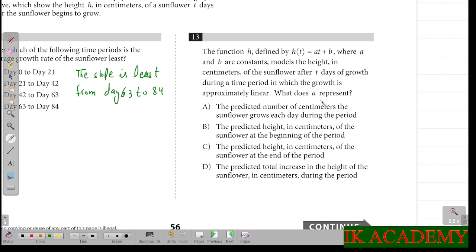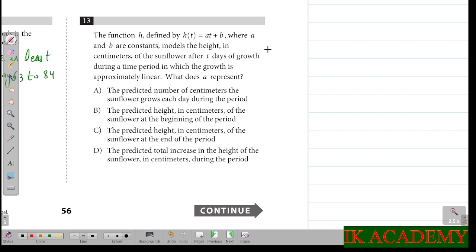What does a represent? So it says the growth is linear. It means there is no change of growth rate throughout the period. Based on the definition, we have the function h(t) = at + b.